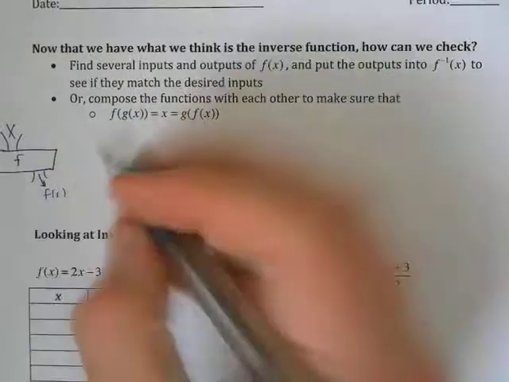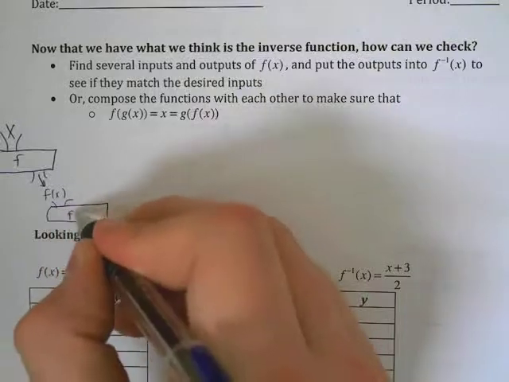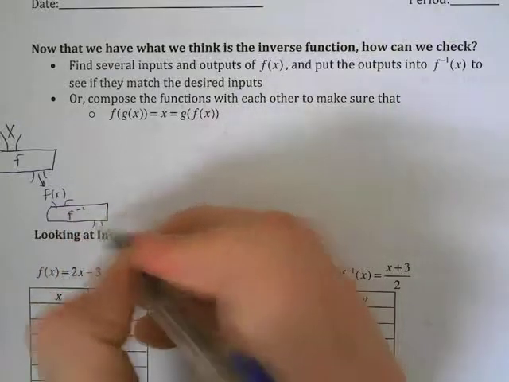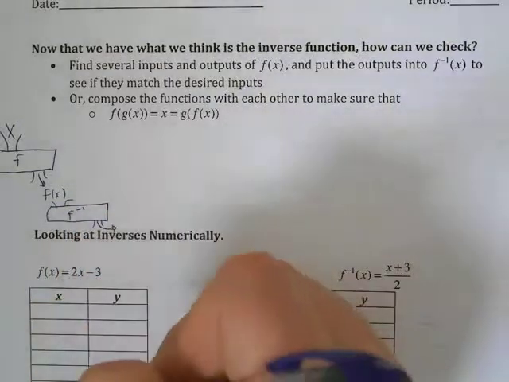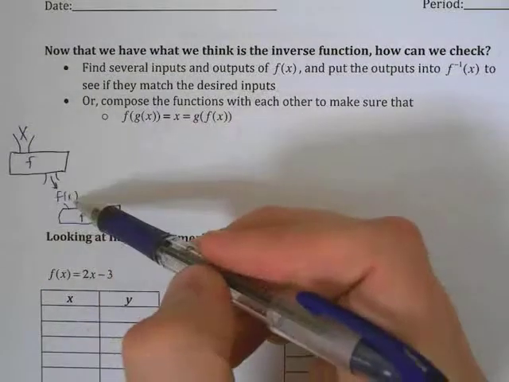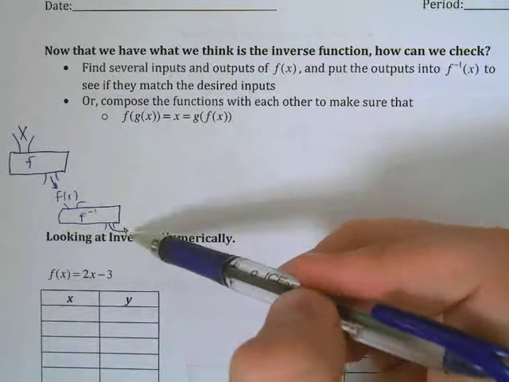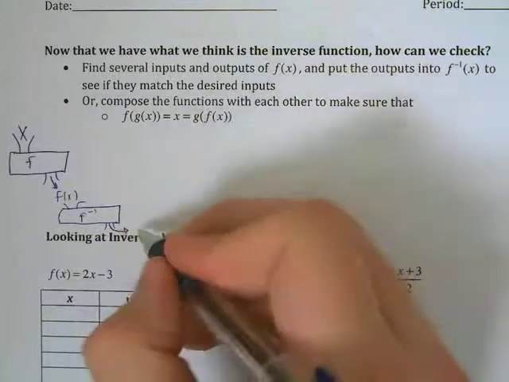Then if you put that into f inverse, you want to get out what you started with. So you put f of x back into the inverse, you should get out x, which is what we started with.